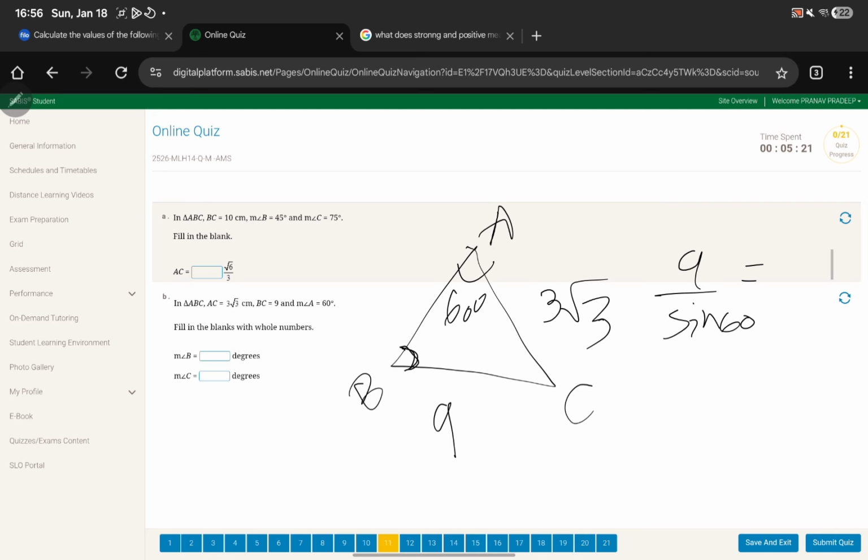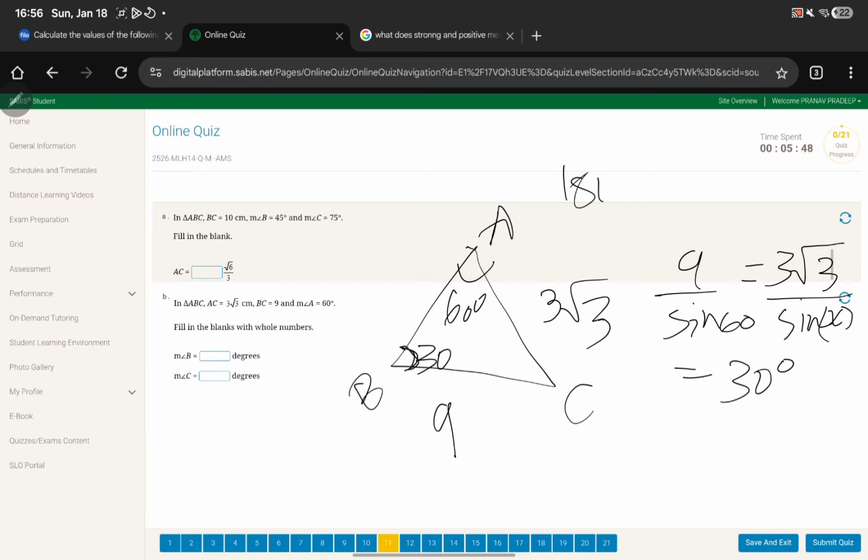Applying the sine rule, you can do this, which equals 3 radical 3 over sine x. If you do this on your calculator, you're going to get 30 degrees flat. In a triangle the sum of the measures of the angles is 180.